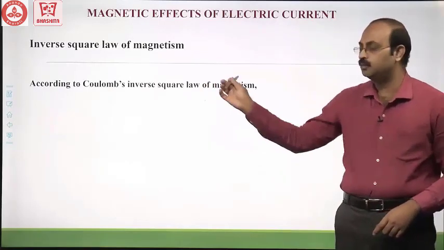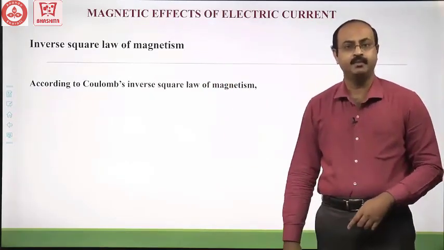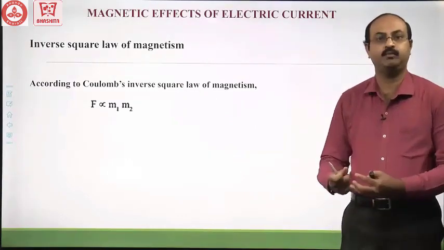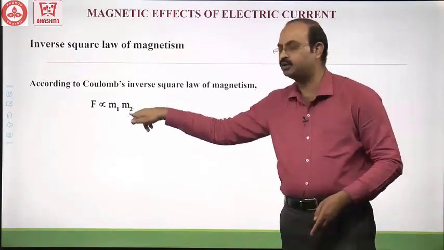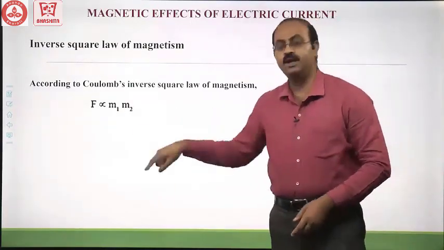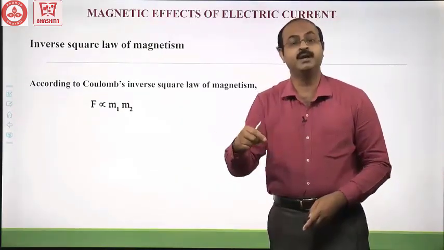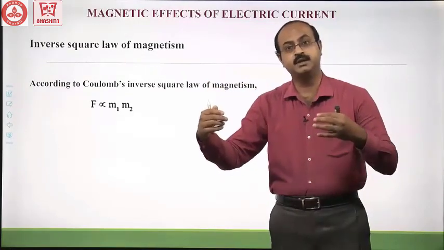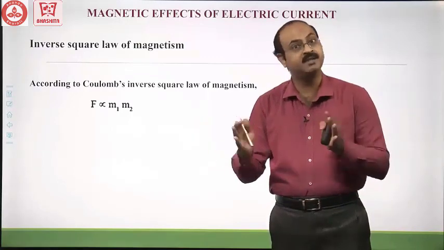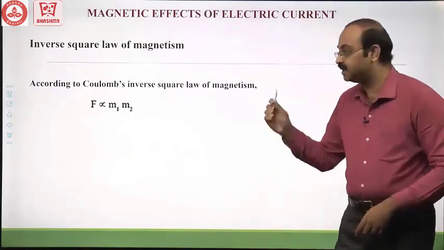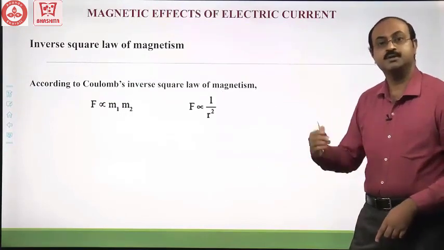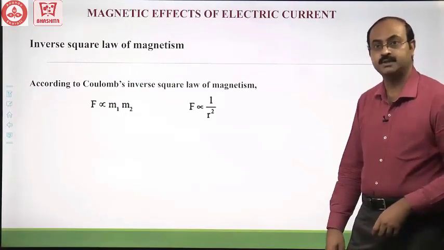According to Coulomb's inverse square law of magnetism, the force of attraction or repulsion between two magnetic poles is directly proportional to the product of their pole strengths. Here M1 and M2 are the pole strengths of the poles; if they are like poles, they will repel, and unlike poles will attract. The same force is inversely proportional to the square of the distance between the poles.